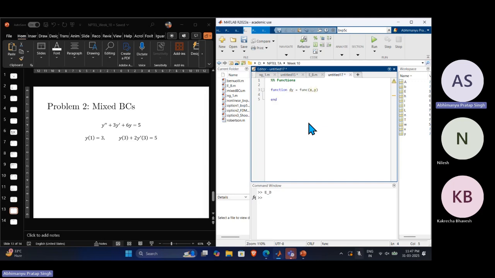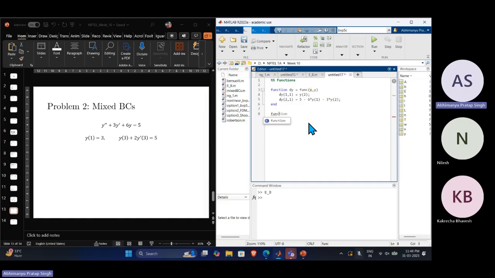We don't have any other inputs, no parameters, so I will just write this. dy(1,1) becomes y2, and dy(2,1) becomes 5 minus 6 into y1 minus 3 into y2. Yeah, this should be good enough.